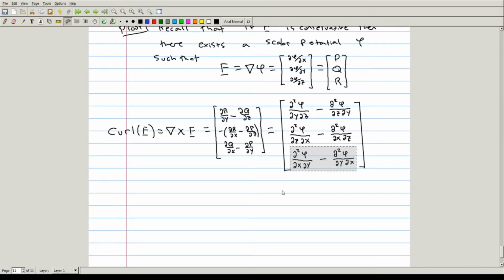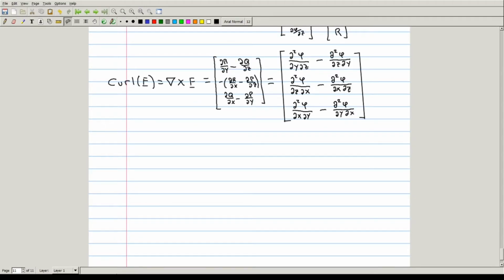At first this looks a little bit complicated, but hopefully from your multivariable calculus course, you'll recall what's called Clairault's theorem. Specifically, this is called Clairault's theorem.